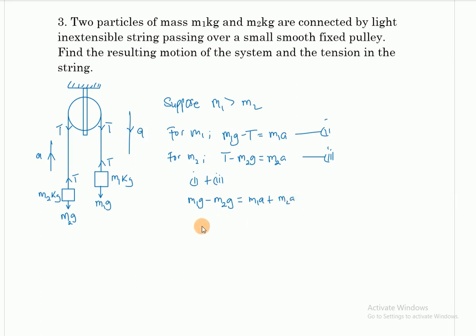And this means that a is equal to (m1 minus m2) over (m1 plus m2) times g. That one is the value of the acceleration.